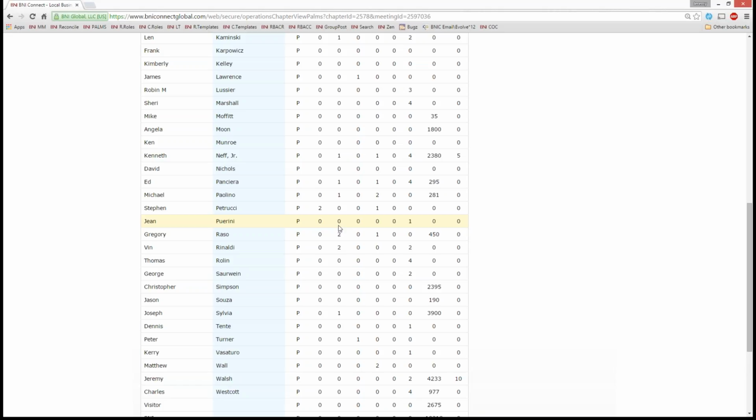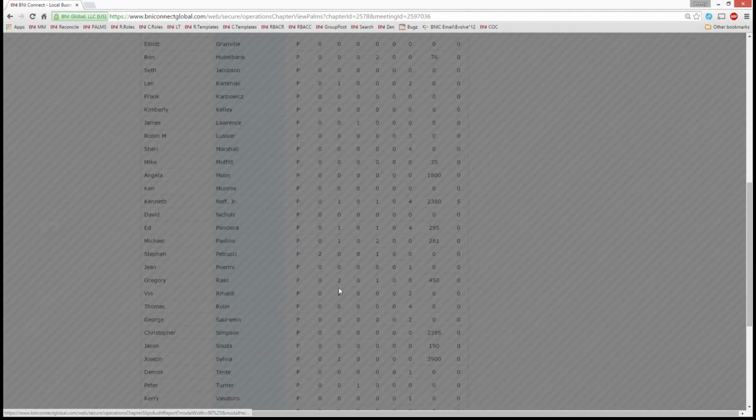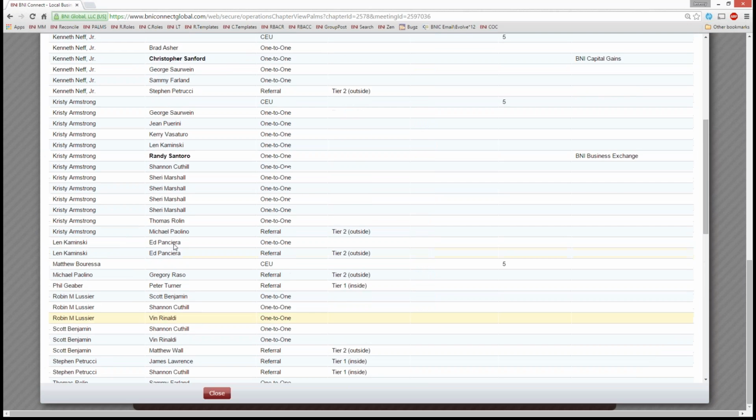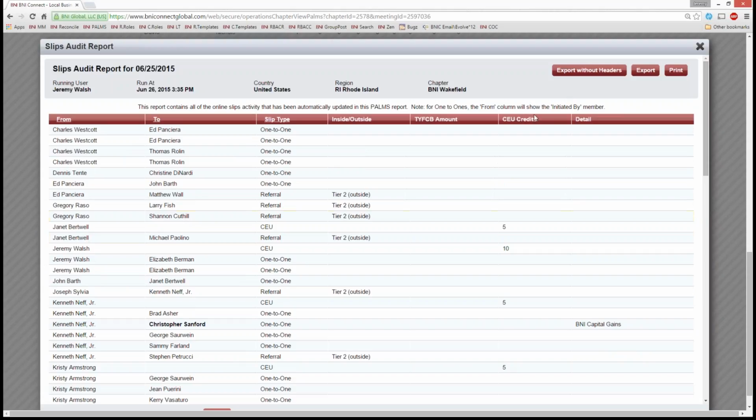Most people are just going to be submitting online referrals or just submitting paper. So there's that right there. And then if you look at the slips audit report, it's pretty easy to tell who's been submitting various slips. So does that help to answer your question from earlier?